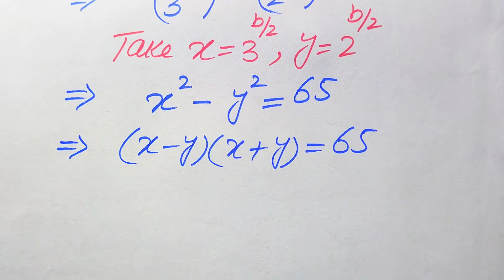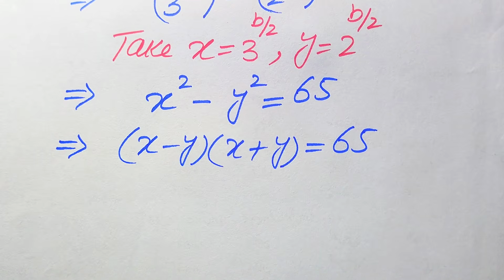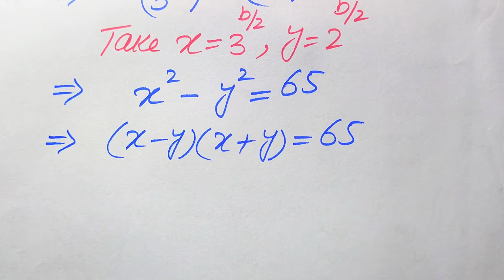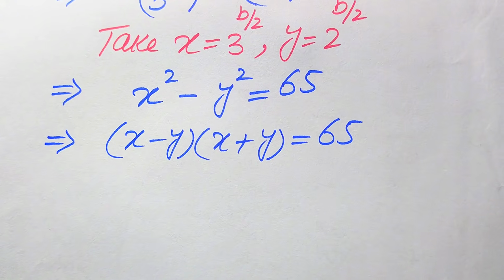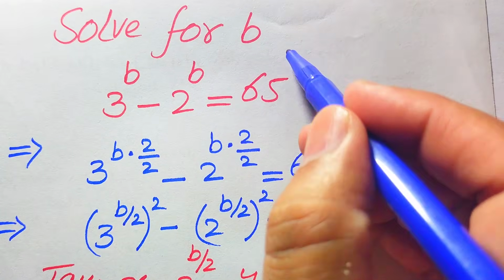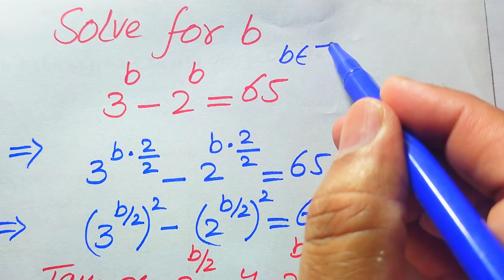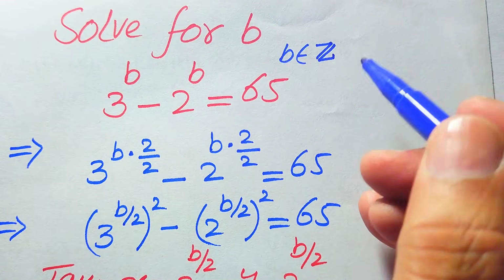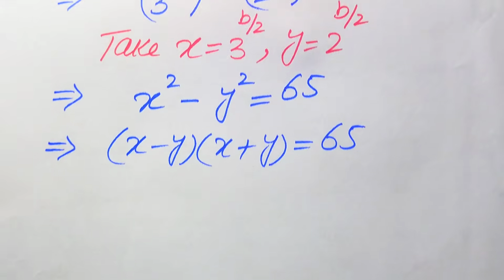You see that on the left hand side we have two factors multiplied by each other, but on the right hand side we have only one number. So we need to find the factors in which the product of two integers becomes 65. Remember one thing: b must belong to the integers, so we solve this problem for integer values of b.